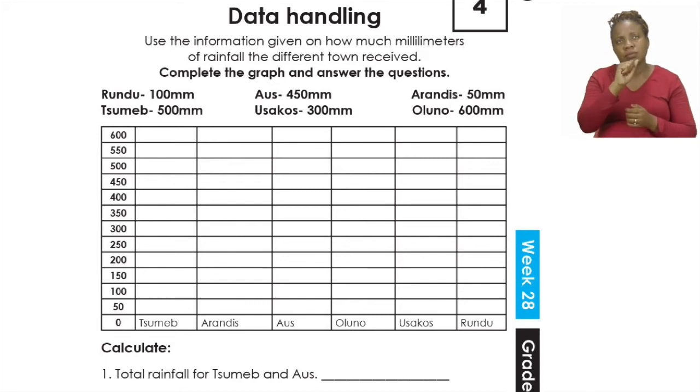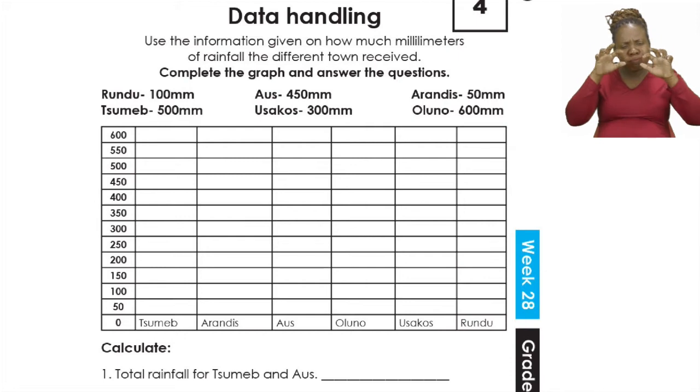Usakos 300 millimeters. Arandis 50 millimeters. And Oluno 600 millimeters. Remember everyone, when we measure rainfall, we always measure it in millimeters.